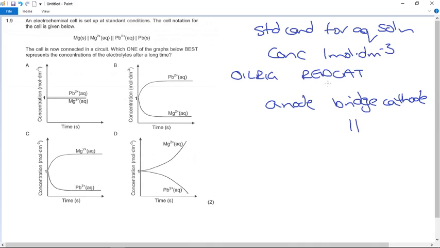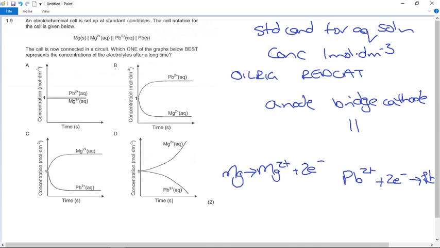Reduction is gain of electrons. So at the cathode, Pb2+ is going to gain 2 electrons and form Pb metal. And at the anode, where oxidation occurs, the magnesium is going to go to the magnesium ion plus 2 electrons.